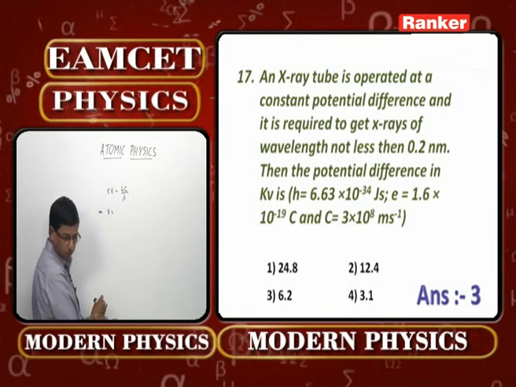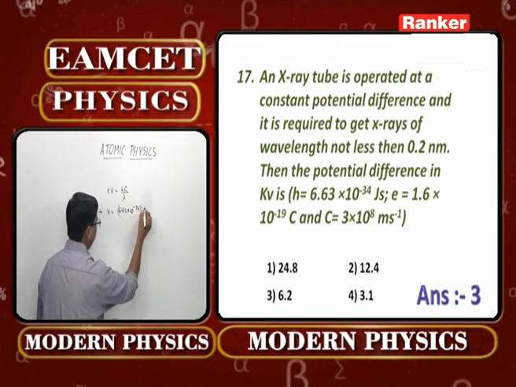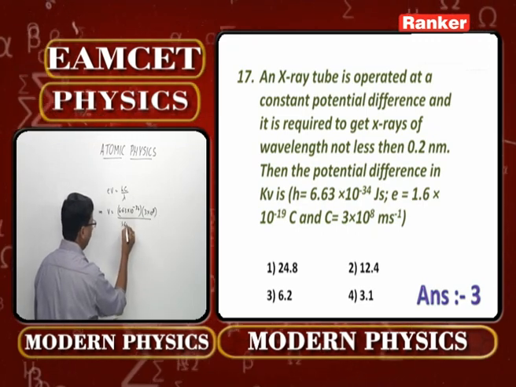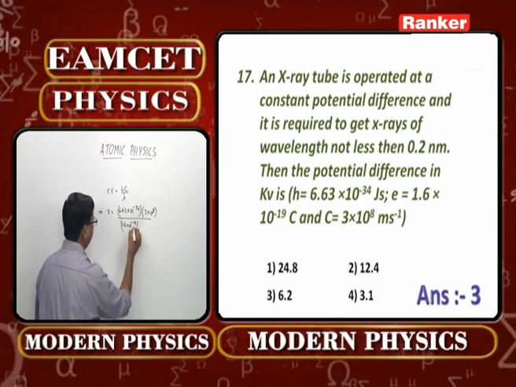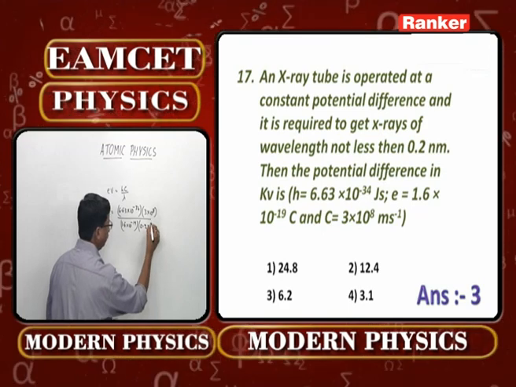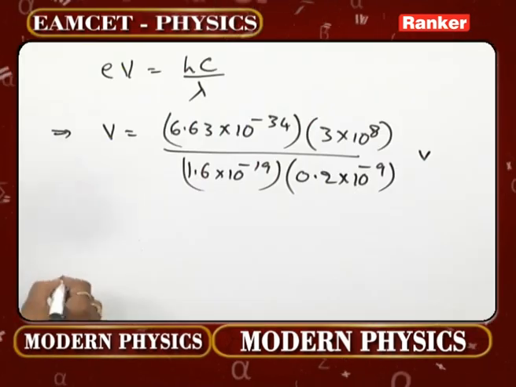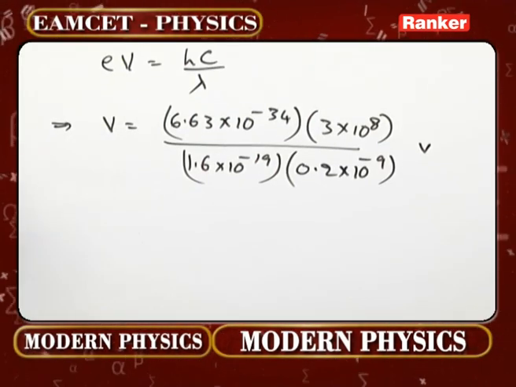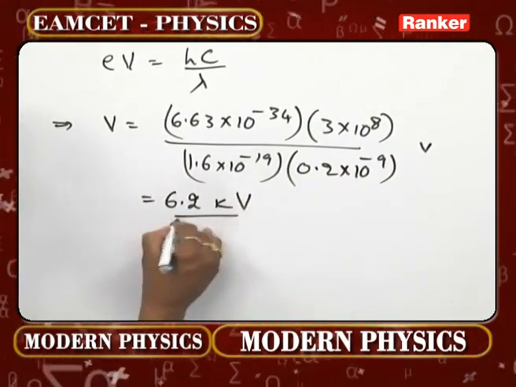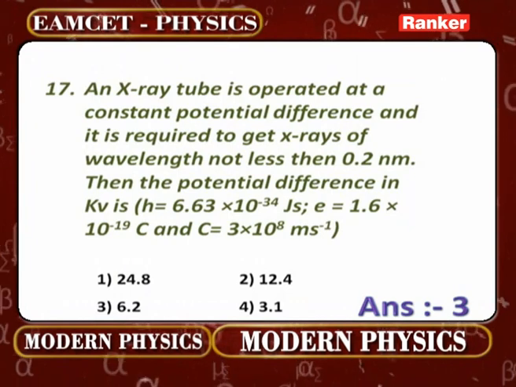The h value he has given you, 6.63 into 10 to the power minus 34, into c, 3 into 10 to the power 8, whole divided by the value of e, 1.6 into 10 power minus 19, into the value of lambda, that is given 0.2 nanometer into 10 power minus 9. Whatever value you get in volt, you can convert into kilovolt by dividing by 1000. What exactly will you get for this? 6.2 kilovolt. So the option is going to be the third option for problem number 17.